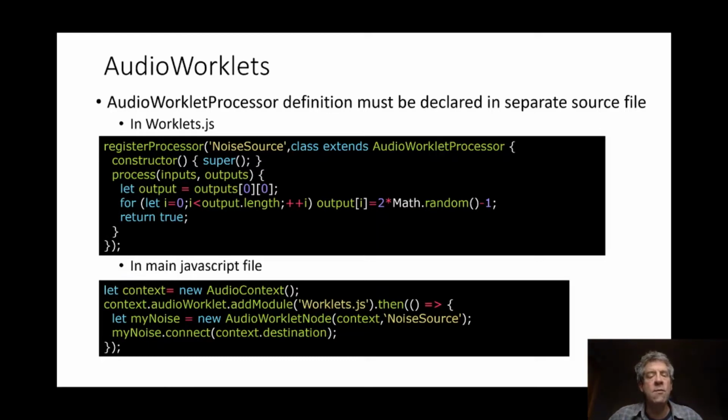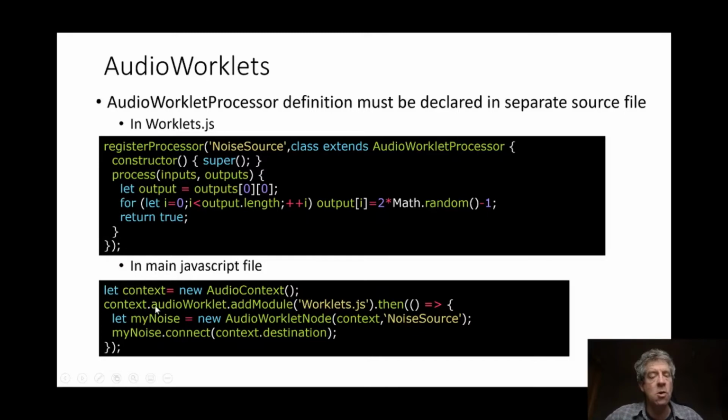So we have a different file, the main JavaScript file, and in the example I give, we'll have that JavaScript embedded into the HTML, where we specify a new context, just as always, but then we load in our worklets with what's known as a promise statement.